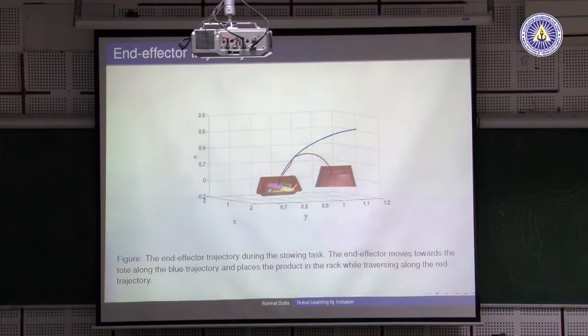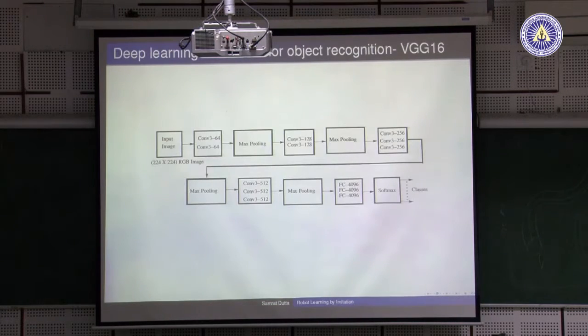Here we are learning two types of trajectories, right? The recognition is done using convolutional deep neural networks, that is VGG 16.